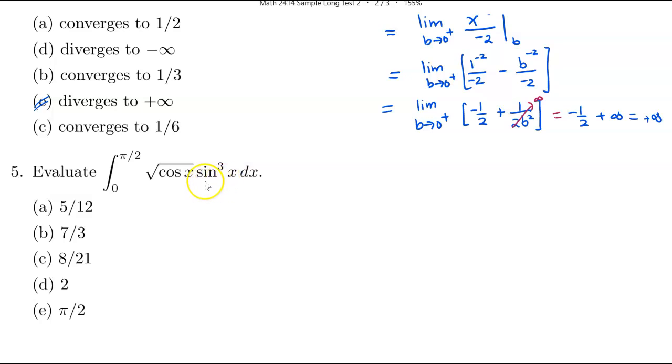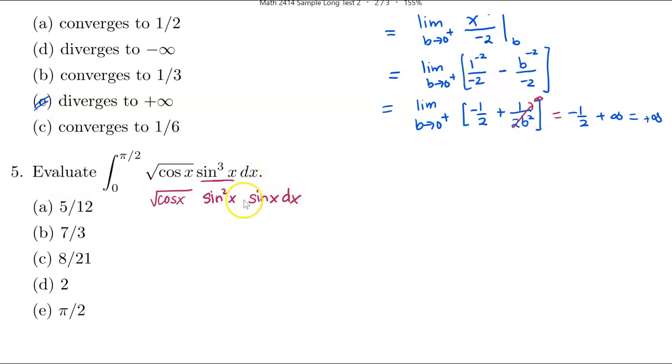So again, you look at the expression that has an odd power, and you will have to factor out that expression. So this sine cube x dx will be factored out as sine squared x sine x dx. And then you copy that cosine.